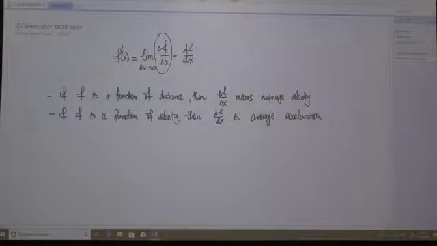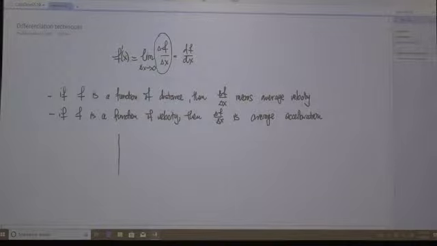So if f is in general some function, delta f over delta x means the average change of this function in the interval between 2 points, where delta x is the distance of these 2 points. Okay?